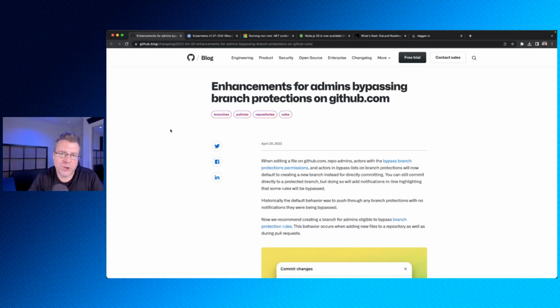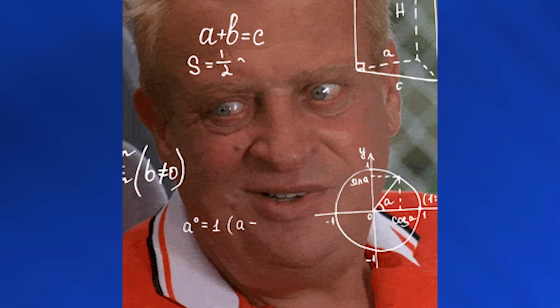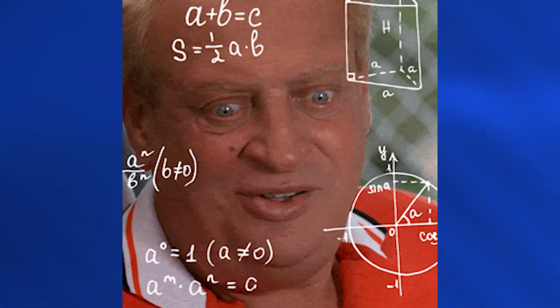And so that can put you in a bit of a bind, especially when approving PRs. And so what this allows you to do is essentially bypass those branch protections that are sometimes tough to get around, like make sure integration tests always pass.